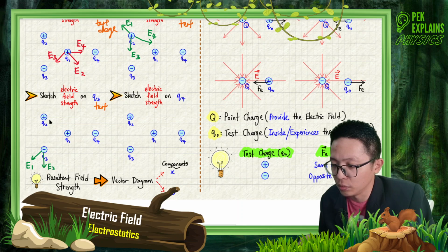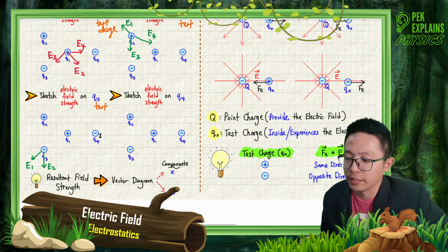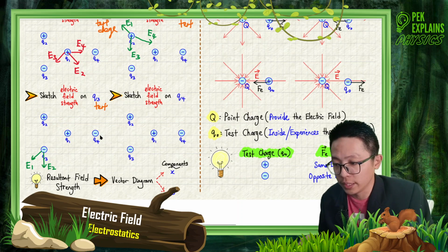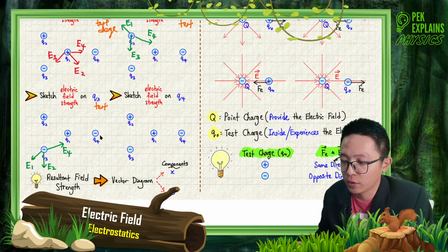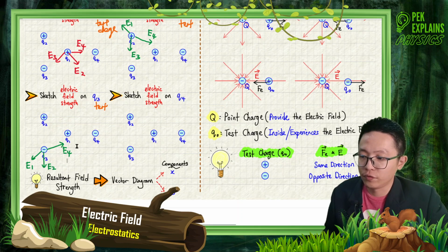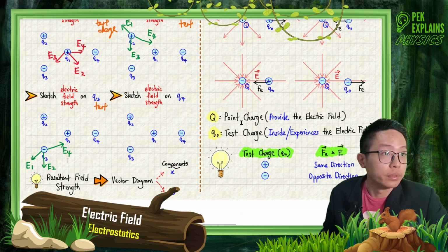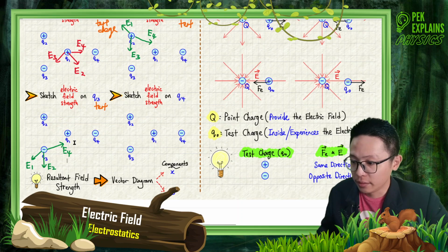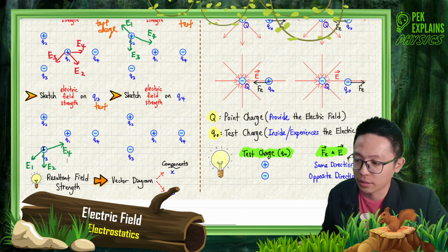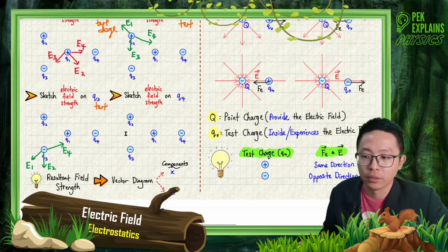So this is E2. And this is negative, negative is going towards. So E4 is towards Q4. Okay, that's it. I don't look at Q3, I only look at Q1, Q2, Q4. It only depends on one charge.